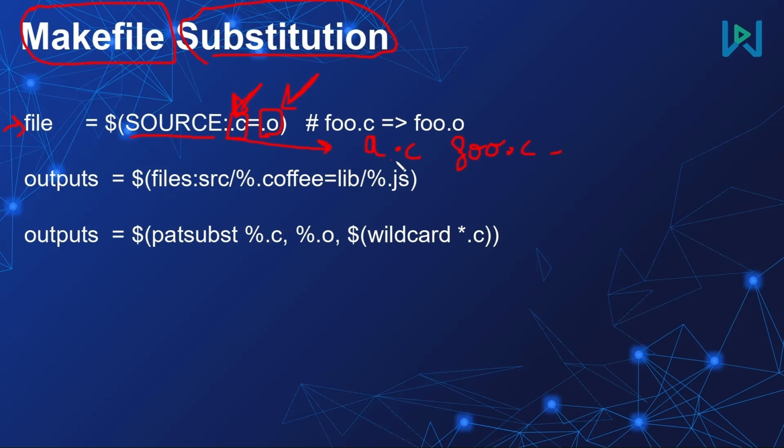Then it tries to match the suffix that we want to substitute, this .c, and once it finds that those files end with this suffix, it's gonna substitute the suffix by .o, and the file name will be kept the same. So this will end up as foo.o, and this will end up as a.o.